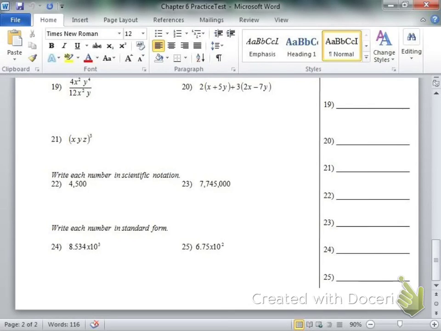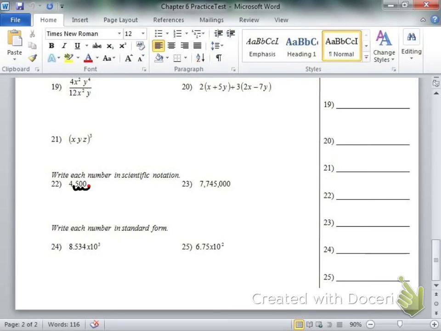Alright, so remember, scientific notation is all about moving the decimal and rewriting it as an exponent with a 10. So on number 22, the decimal starts in the back. So put a decimal behind the last 0. Count the number of jumps it takes to be behind the first number. 1, 2, 3.